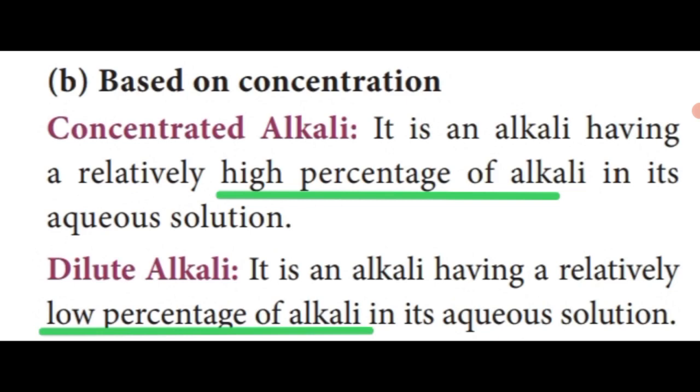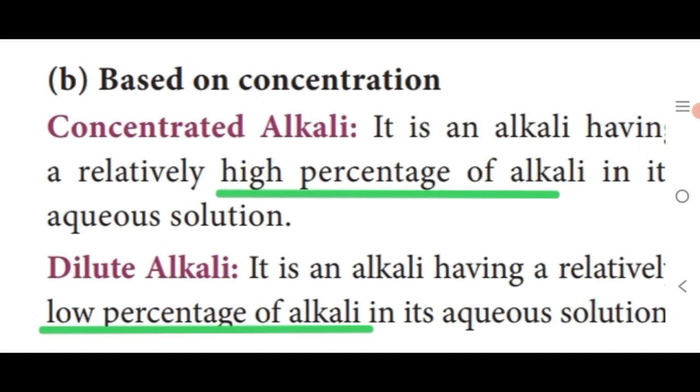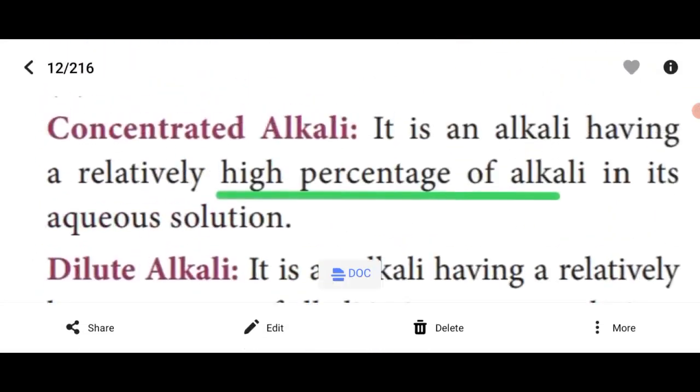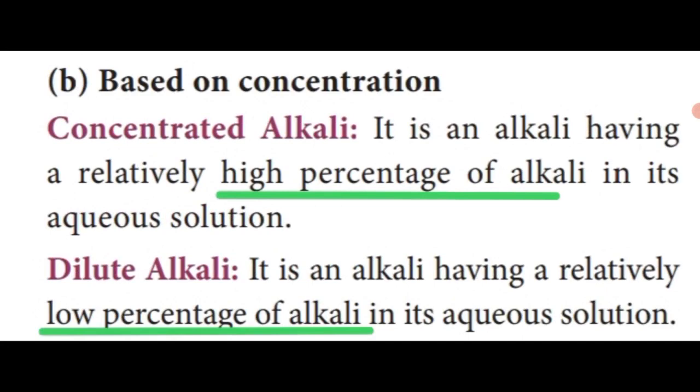The aqueous solution that contains a high percentage of alkali is called concentrated alkali, and the solution that contains a relatively low percentage of base is called dilute alkali. So based on their concentration, bases can be classified into two types: concentrated alkali and dilute alkali.